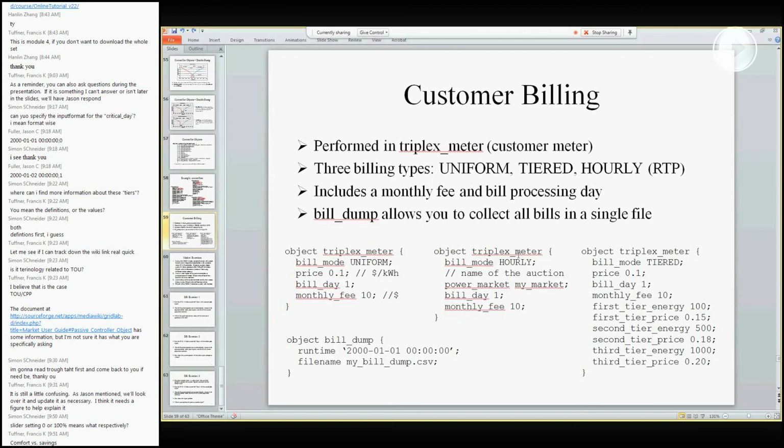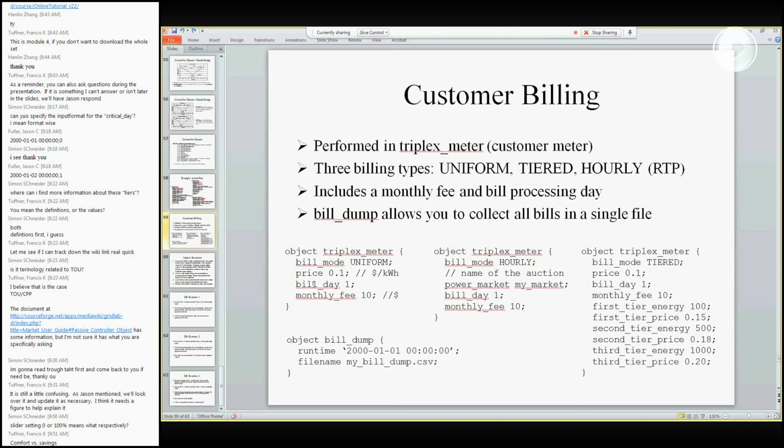Now to extract that information, you can of course hook a recorder on each of these devices, but that can be pretty tedious, especially if you have a system that has say 1,000 customers on it. You really don't want to be putting 1,000 recorders on there just to get one piece of information once a month. So we've created an object called bill dump that you can run at any given time, and it will take a look at all the triplex meters.